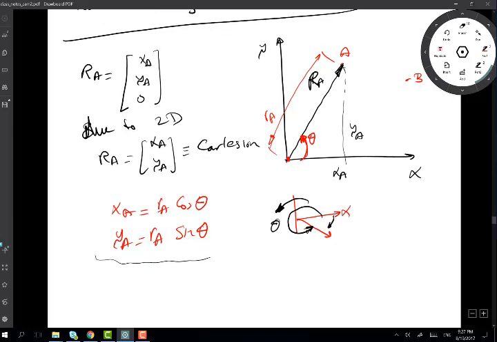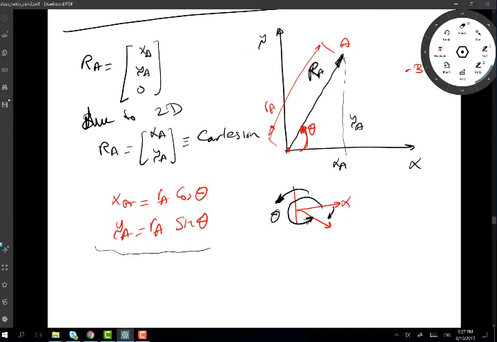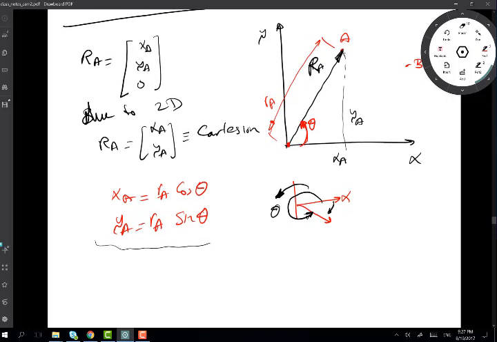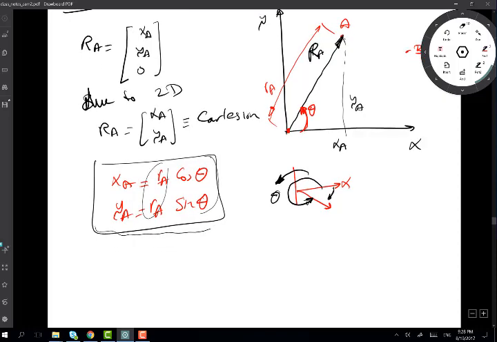Can I say also that, instead of using Cartesian, when I look at this representation here, straight away I have a length and I have an angle. So I realize the vector in a plane lends itself to polar representation: a length and an angle.